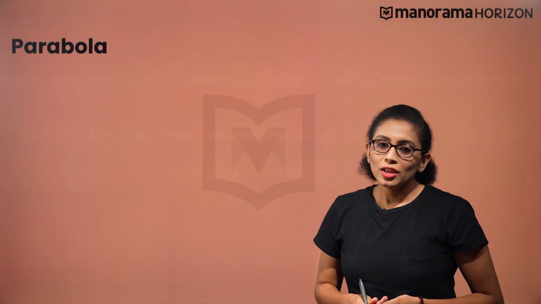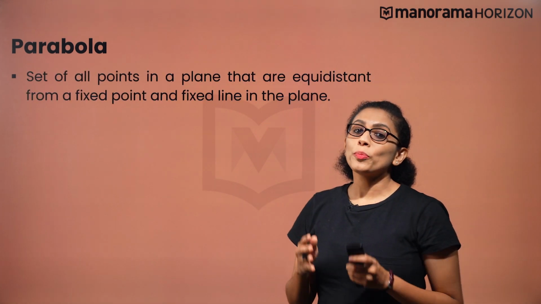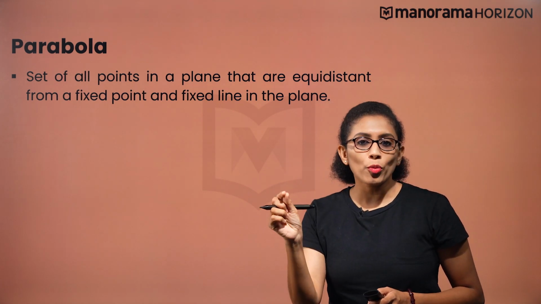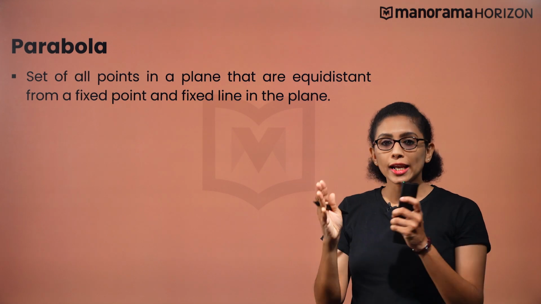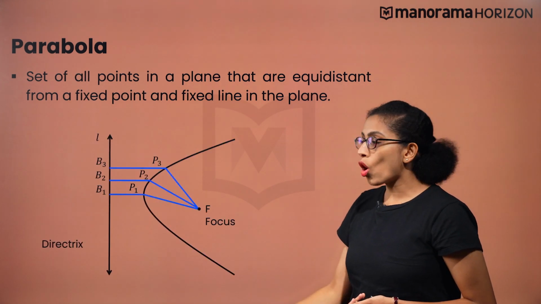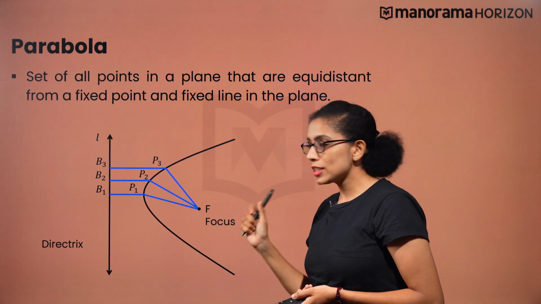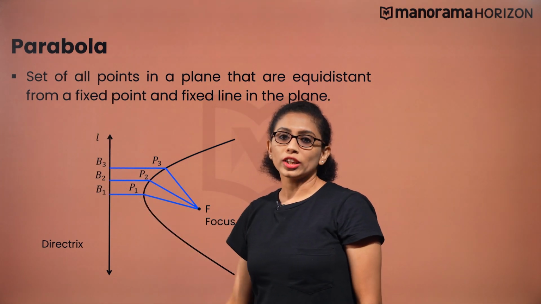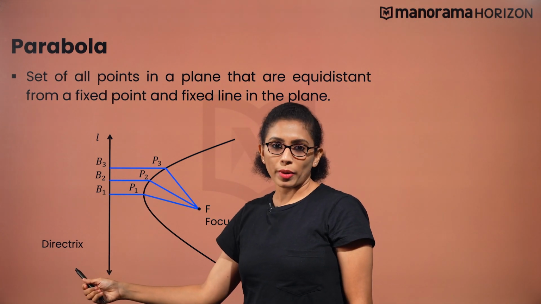What is a parabola? A parabola is a set of all points in a plane that are equidistant from a fixed point and a fixed line in the plane. The fixed point F is called the focus of the parabola and the fixed line is called the directrix of the parabola.